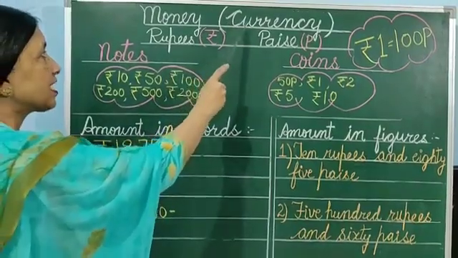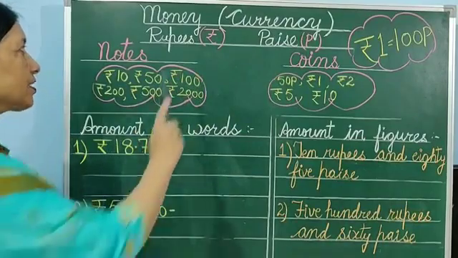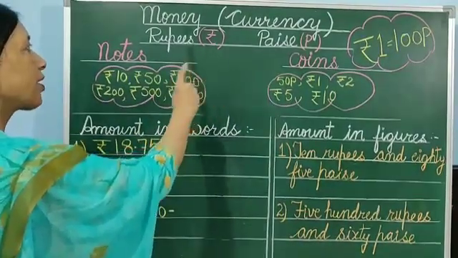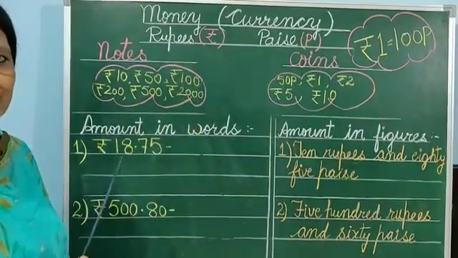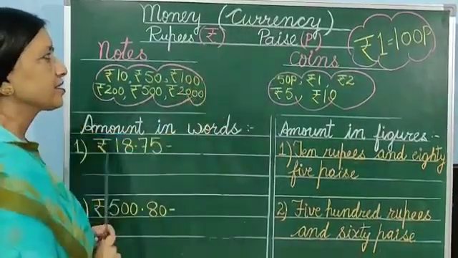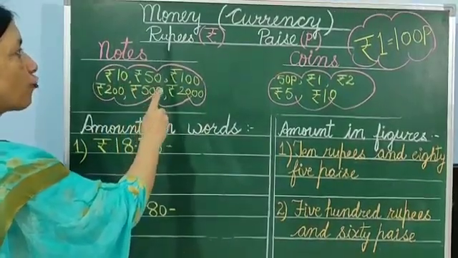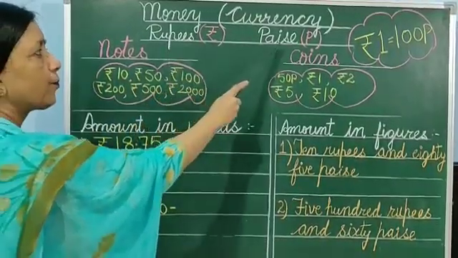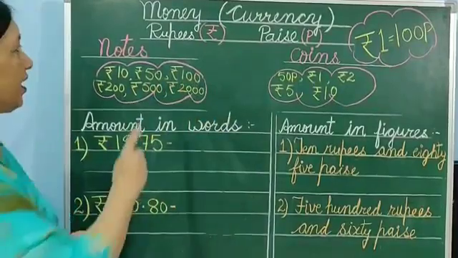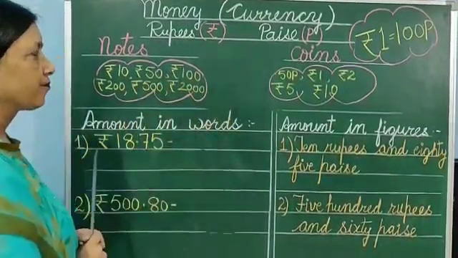Now currency is the other name of money. Currency and money are one and the same thing. Now Indian currency consists of rupees and paise.